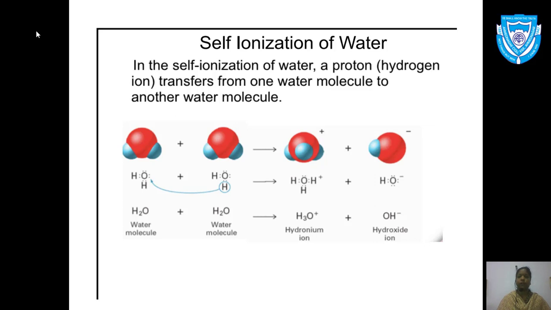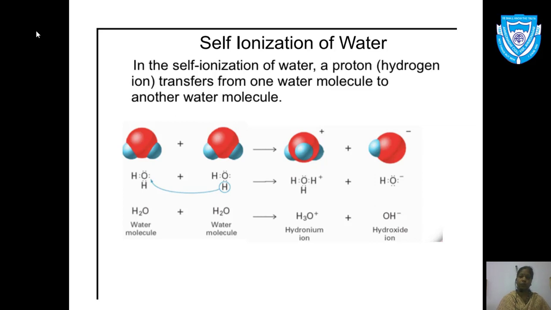Here the hydronium ion represents the H plus, or H plus can be replaced by the hydronium ion. Its behavior is the same as that of the H plus ion. So instead of two water molecules, we can also write that H2O will dissociate to give H plus ion and OH minus ion. But a free proton does not exist, and this is the realistic way to write the H plus ion concentration in terms of the H3O plus ion concentration.